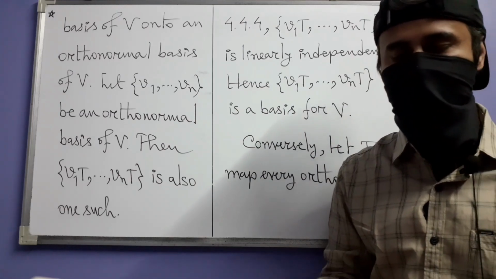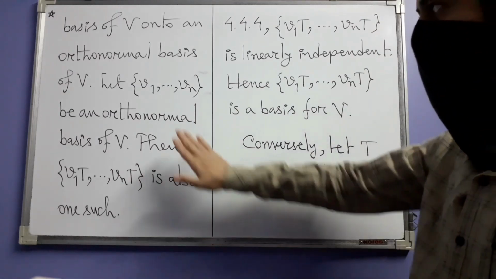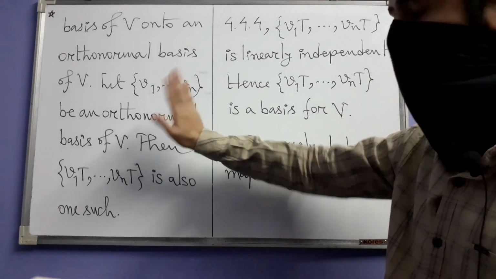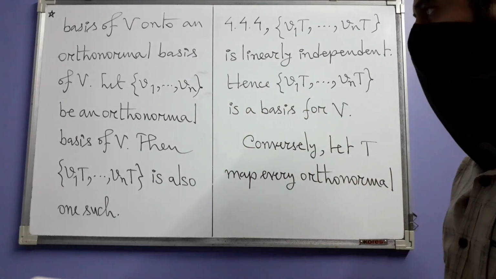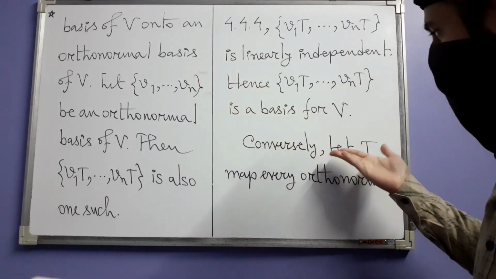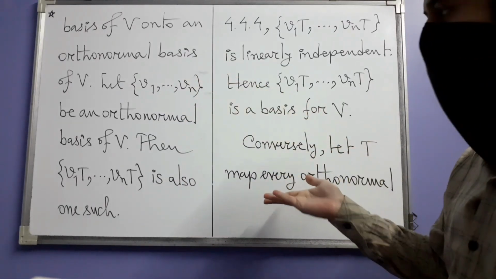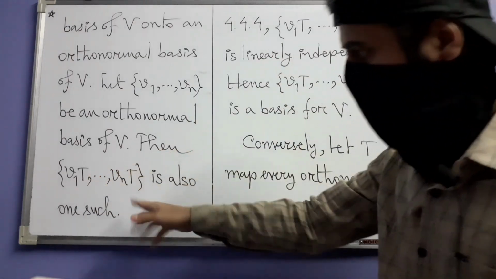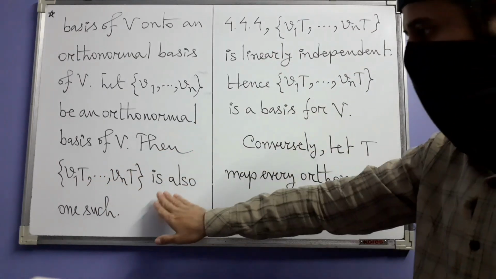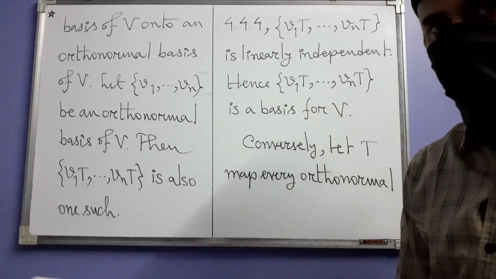You already know these things. So it is guaranteed that V has at least one such basis. Then by the very hypothesis of this converse part, this will also be an orthonormal basis. This is also one such basis.